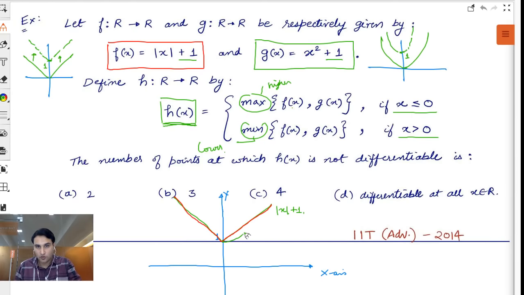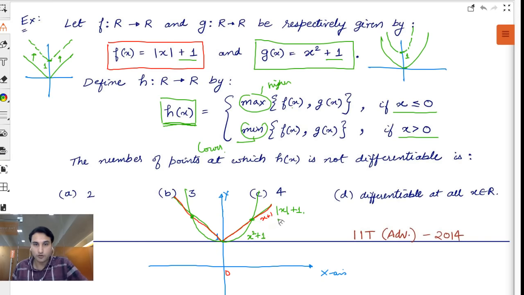But I know I will take care of where the graph will be higher and where will be lower. This is important guys. ठीक है, ध्यान से देखना. This is like x plus 1 here, right? Mod x plus 1. To the right of 0 it is x plus 1 because mod x is like x. But look at this. The green one is your x square plus 1.